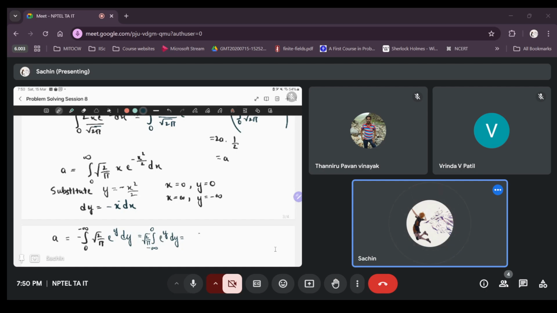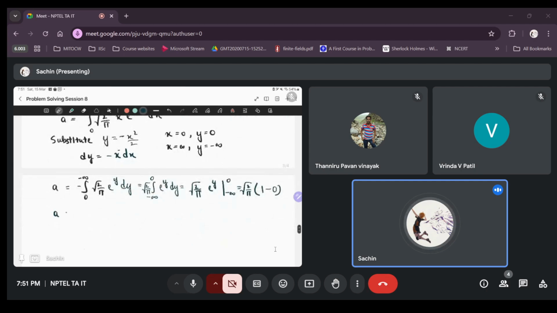The integral of e power y is just e power y, from minus infinity to 0, which is root of 2 over pi, e power 0 is 1, minus e power minus infinity is 0. So a is square root of 2 over pi.